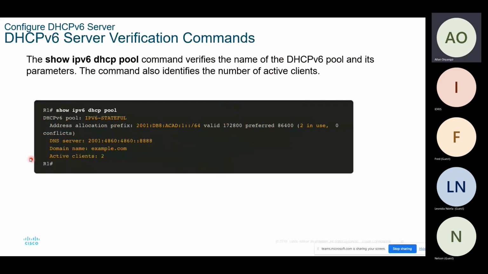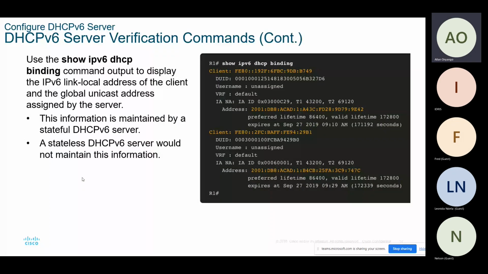Now, it is important that we know the command we used yesterday, show IP DHCP binding, whereby you look at which MAC address has been bound to which IP address. That is the same thing in IP version 6. Remember, especially in stateful, every address that is assigned to a client device must be recorded within the router, and it must be attached to the MAC address of the PC to which it was given.